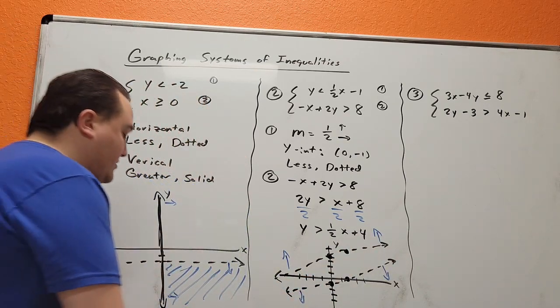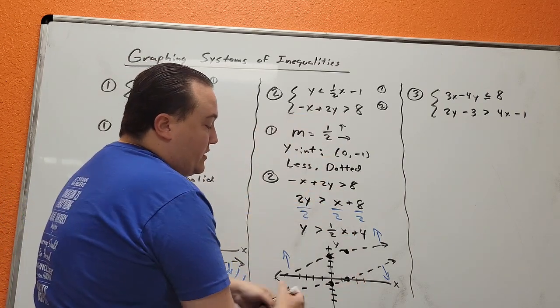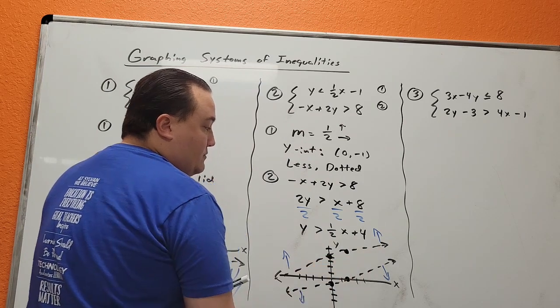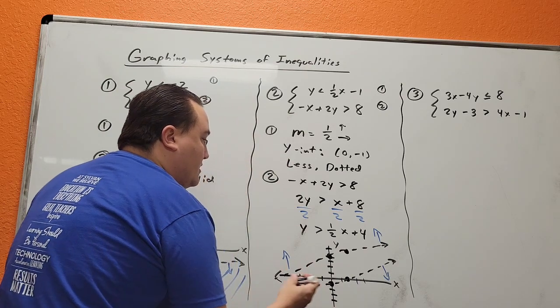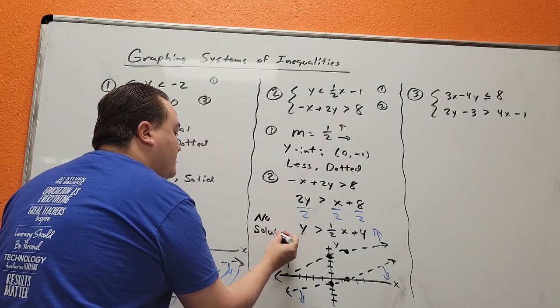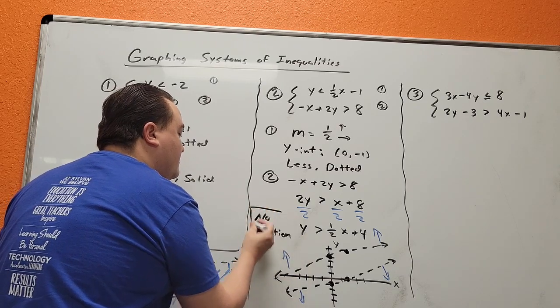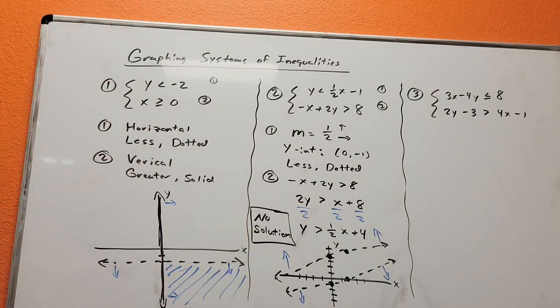We don't shade anywhere on this graph. If the shading is going this way, in for both, then you would shade the middle. But since the shading is going out for both, we actually get no solution. Because the shadings don't intersect for each line.